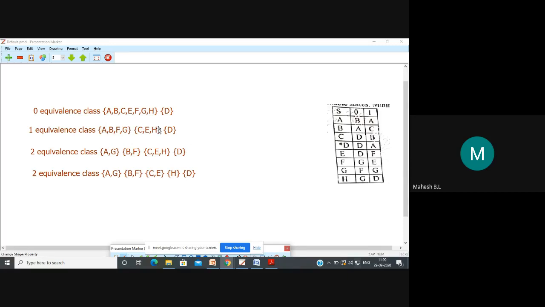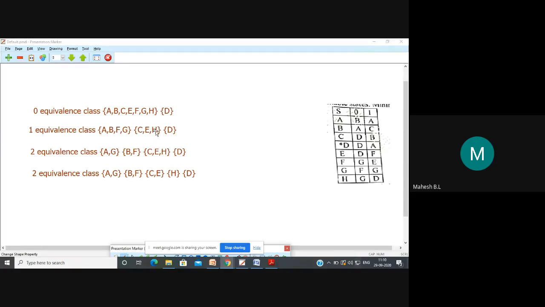Then CEH, if you consider CEH, their transition is different compared to ABFG. These four make transitions to this class itself on both 0 and 1. But consider C, it makes a transition to D on 0, B on 1. One transition here, one transition here. That's why C is different from ABFG. Similarly, E, DF, one is here, one is here. So E is also different. Then H, GD, one is here, one is here.